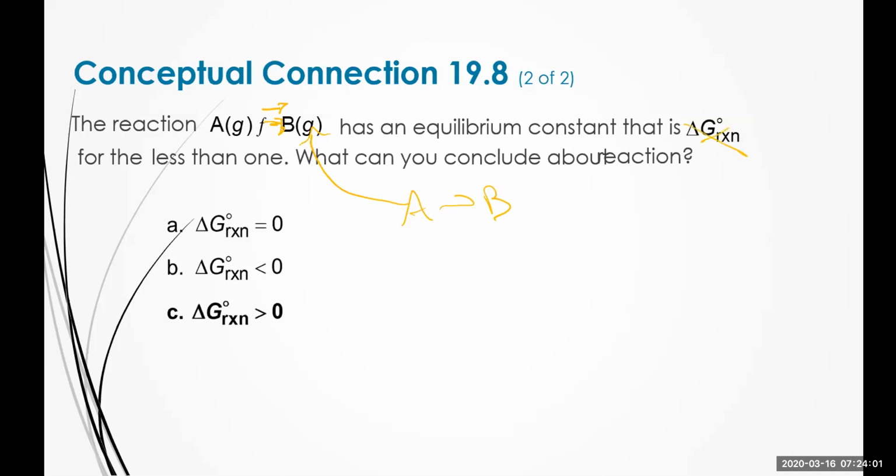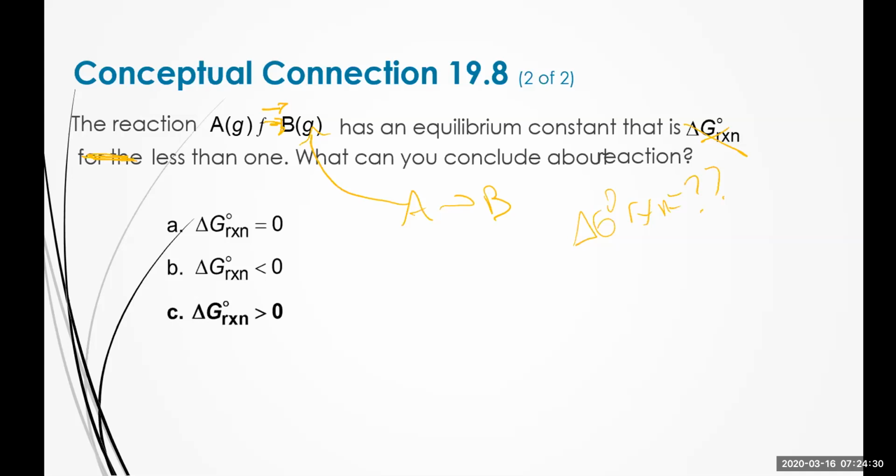less than 1. What can you conclude about the delta G for the reaction? So sorry, for whatever reason, when I copied and pasted this slide over, it's moved them all around, right?